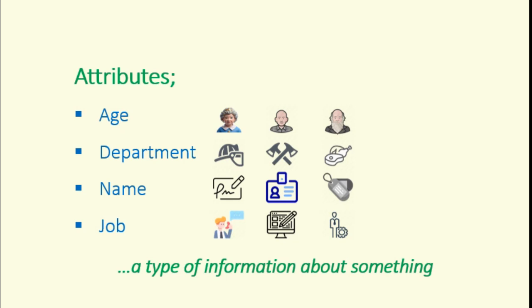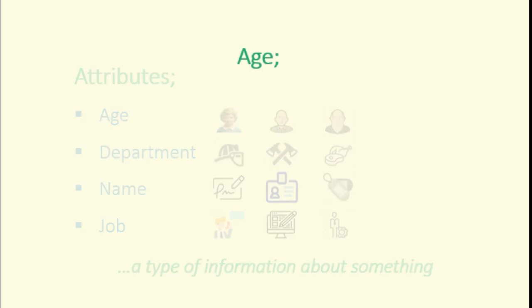Now let's talk about a variable. Let's think about one attribute like age. Now in a company, not everyone has the same age. Each person could have a different age. One might be 25 years old, another person might be 35 years old, and so on.